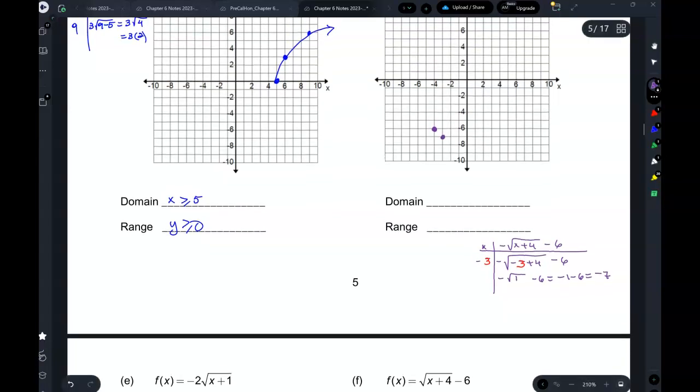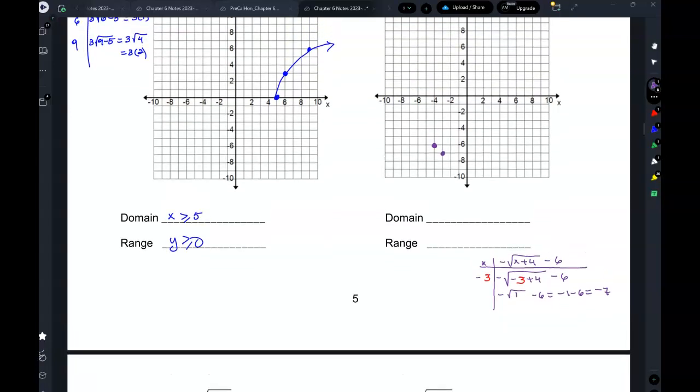Okay? What's another number I can pick that when I put it in the root, I get a perfect square? What's another number I can pick? Negative 2 works.